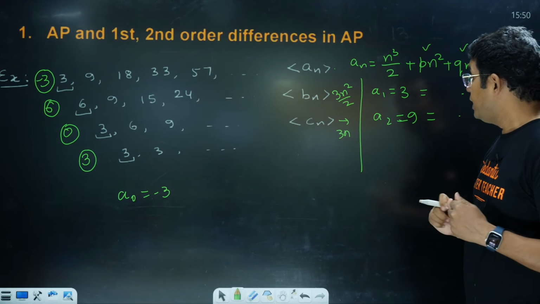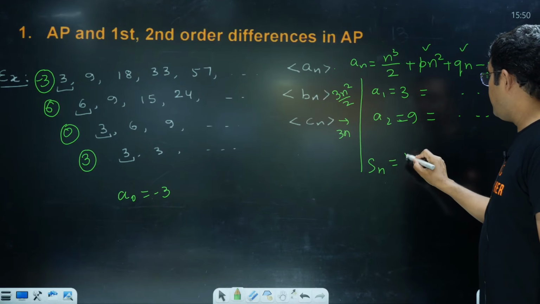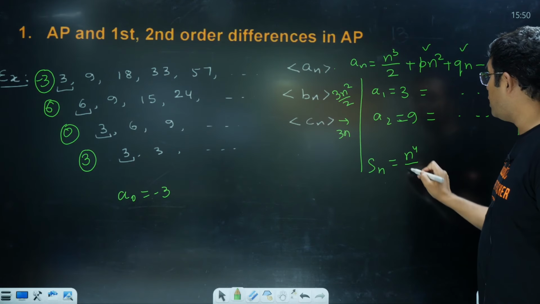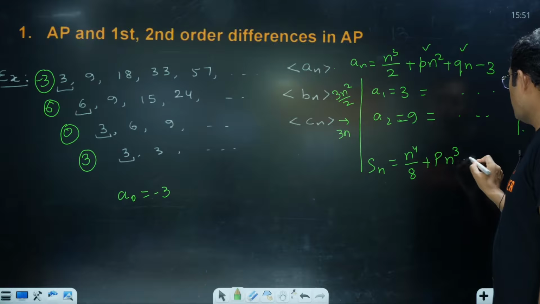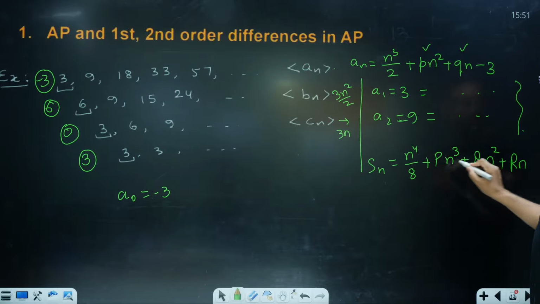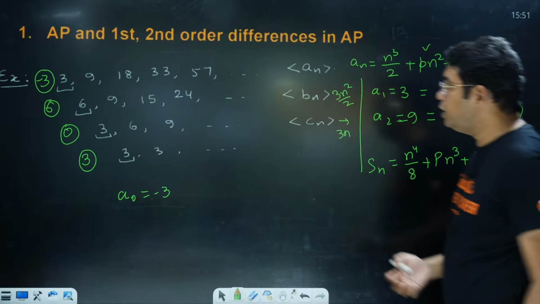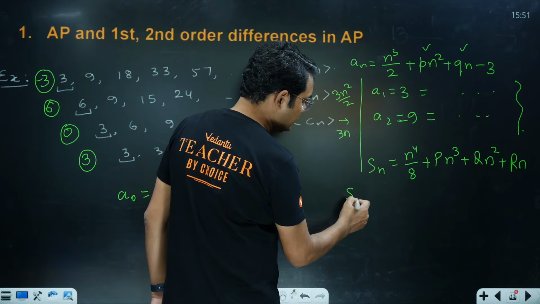Now to find Sn, once again one integration is to be done. So n power 4 upon 8 plus p into n cube plus q into n square plus r into n. So 3 coefficients need to be found for Sn. To find the first equation, I will write S1.